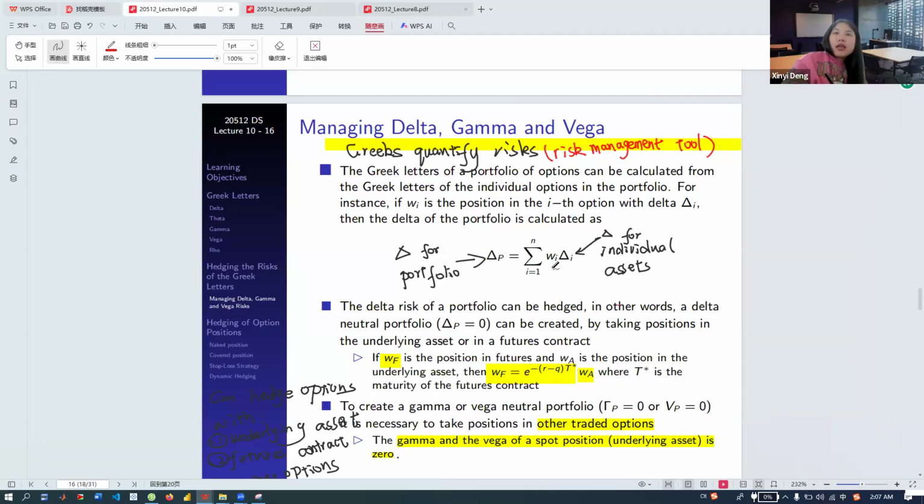It's actually just the delta times position. Sorry about that. It's not a weighted average. It's delta times position, and then adding up together. So for each individual asset, you calculate its delta by multiplying its position with the delta of each unit, and then you add those products together.